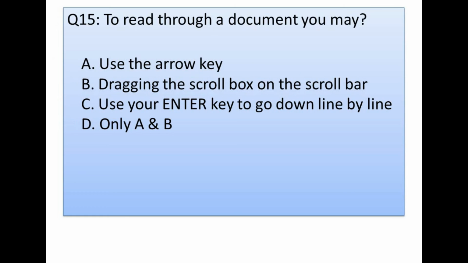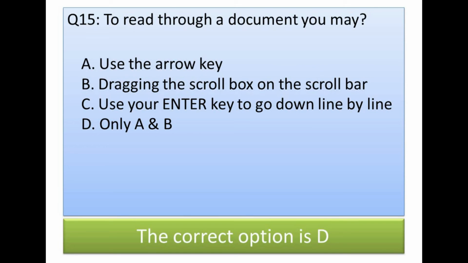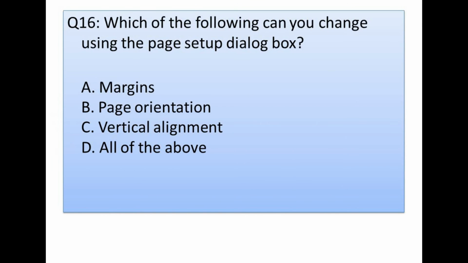To read through a document, you may use the arrow key, dragging the scroll box on the scroll bar, use your Enter key to go down line by line, only A and B. So the correct option is D. Which of the following can you change using the Page Setup dialog box?